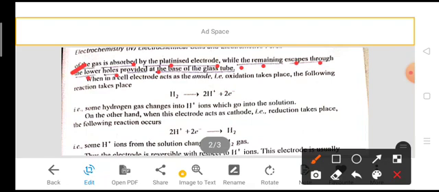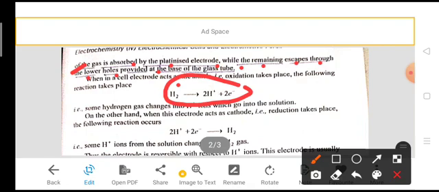When the hydrogen electrode acts as anode, that is oxidation takes place, this reaction occurs: hydrogen gas releases electrons to form H plus ions. That is, some of the hydrogen gas changes into H plus ions which go into the solution.